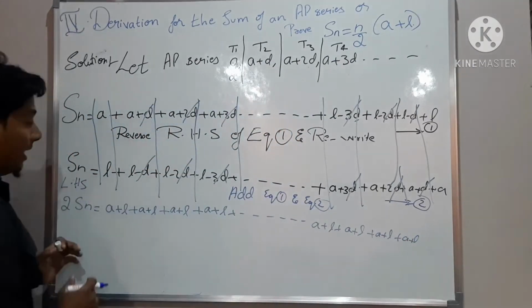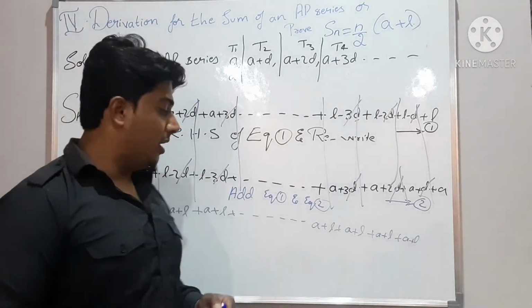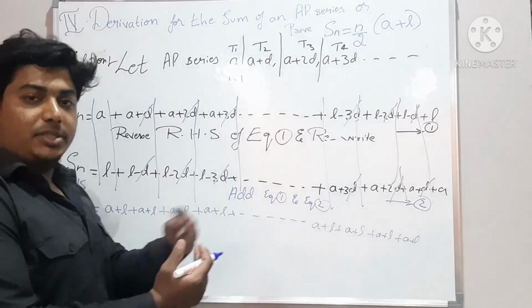Since we have n number of terms in an arithmetic progression series, A plus L repeats n times.